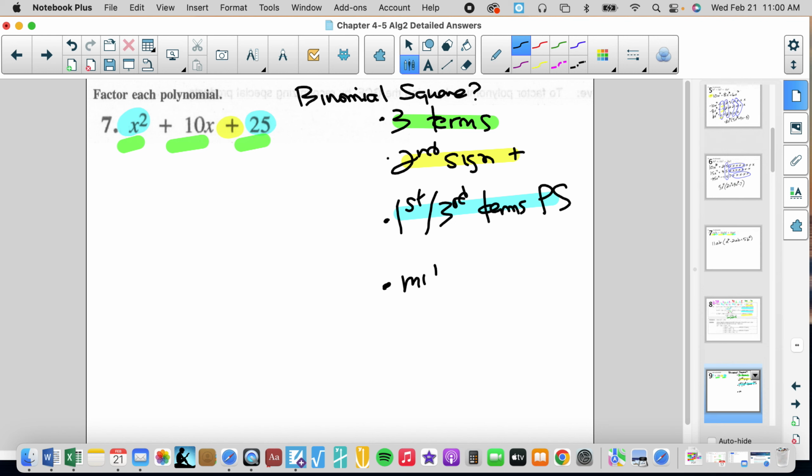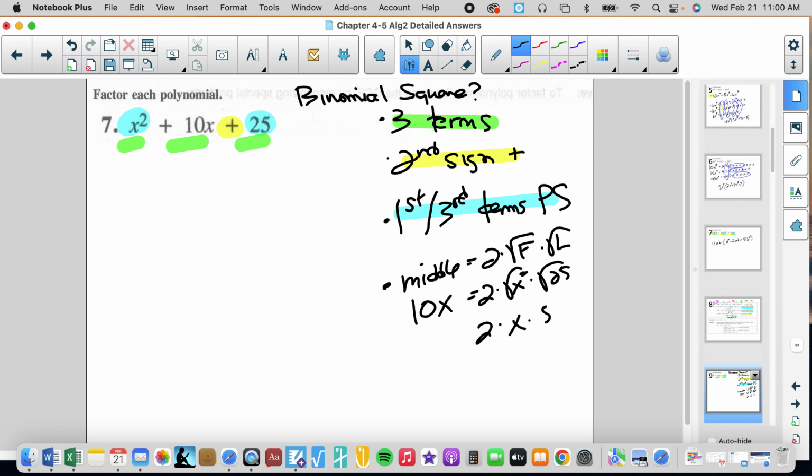Does the middle term, 10x, equal 2 times the square root of the first times the square root of the last? So the square root of the first is x, the square root of the last is 5. So 2 times x times 5, does 10x equal 10x? Yes, it does. So that tells me it's a binomial square.